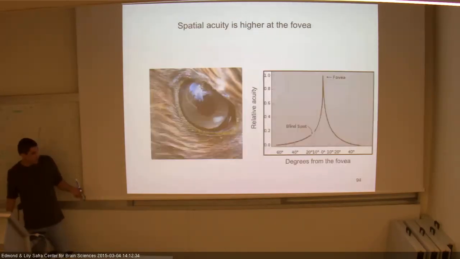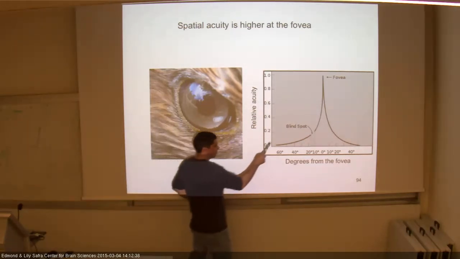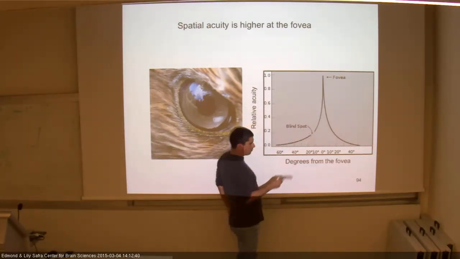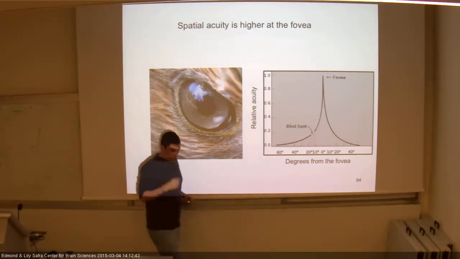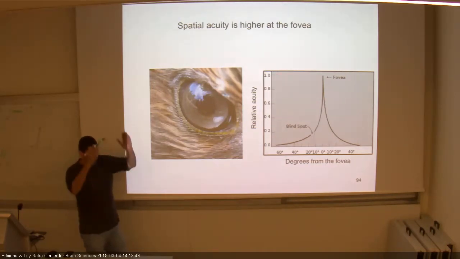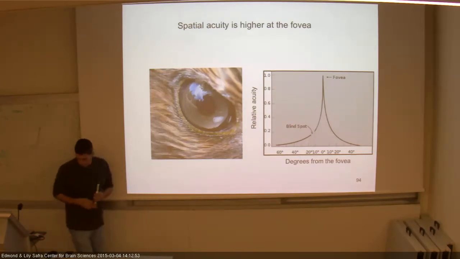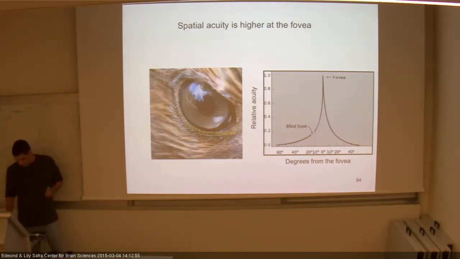The visual system, for example, also has a region of high density of receptors, which is called the fovea, and the resolution of vision in the center field at the fovea is very high and is reduced very fast as we go away from the fovea. Okay?